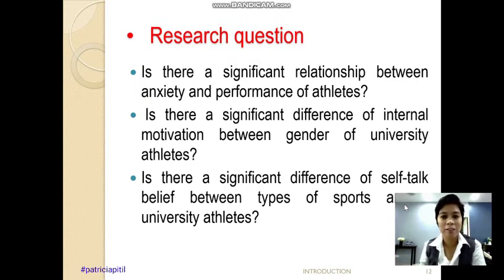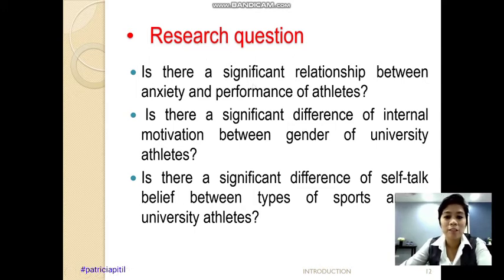Research question. This is achievable, measurable, and informal question. The IV here, if we look at this, IV anxiety. Anxiety is DV. IV is performance. Okay, right? So what you want to measure is anxiety, and the IV will be performance. The higher the performance of the athletes, the higher the anxiety, or vice versa.